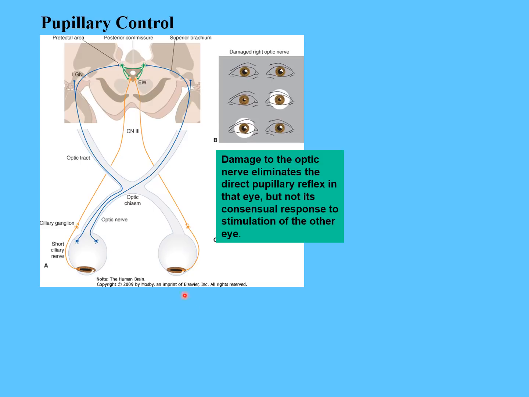But if you shine a light in the opposite eye, you'd get contraction of this eye because this pathway is intact, and you'd get contraction of the contralateral eye because the pathway through the commissure is intact and the third nerve is intact, so you can get pupillary constriction of the opposite eye. That separates out third nerve damage from optic nerve damage and tells you that you have damage to the third nerve or to the Edinger-Westphal nucleus in that region.